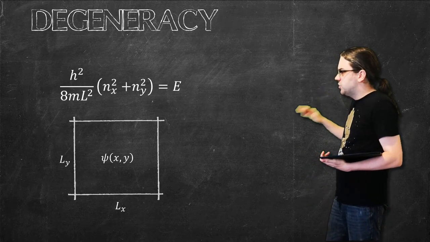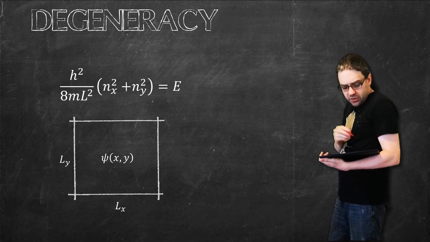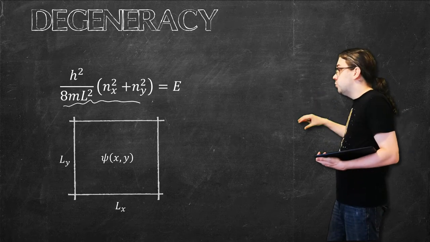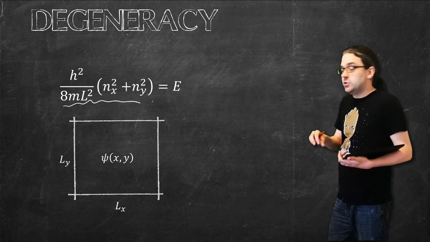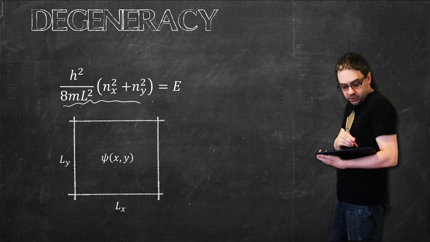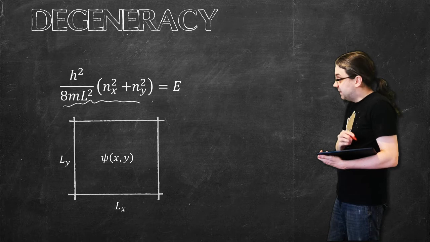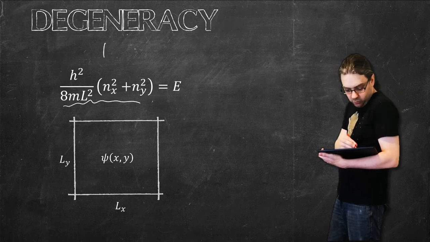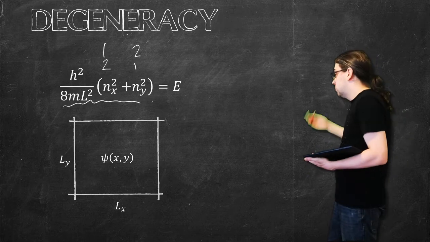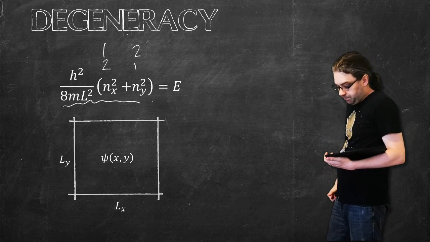So in the 2D particle in a box, this formula for energy only holds true if the two lengths are the same. So if the box is square, we get this degeneracy out here. We could have multiple combinations of n that produce the same energy. We could have 1 and 2, or 2 and 1. Both of those produce the same energy.